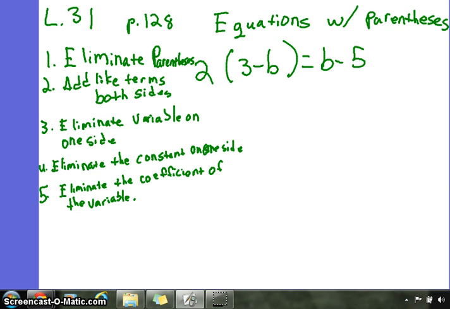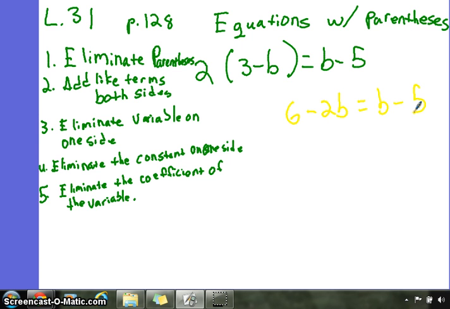Let's do these. So we need to eliminate the parentheses, so we need to use the distributive property. So we're going to distribute the 2 to the 3 and the negative b to get 6 minus 2b equals b minus 5. Okay? Then I want to add like terms on both sides. That's done.